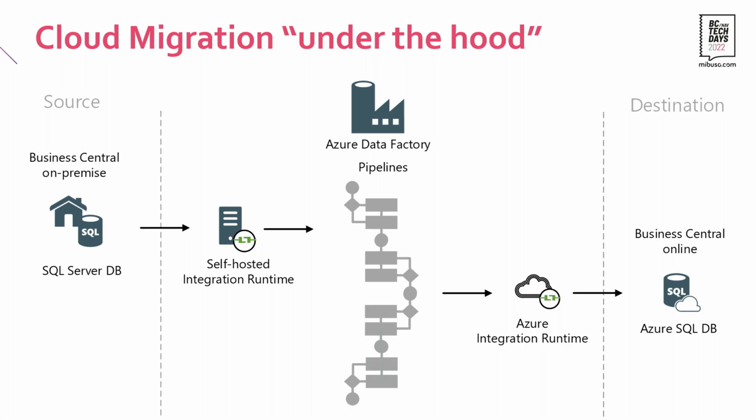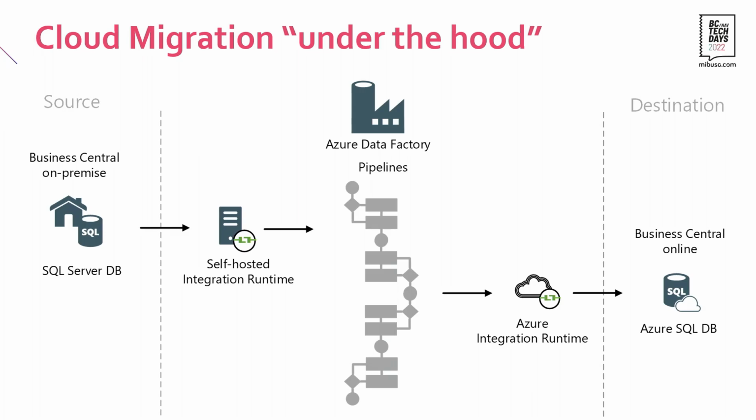The third piece here is the integration runtime. This is the compute infrastructure that Azure Data Factory is using. Especially for a case like here, where we have our source in a private network, in an on-prem installation on the customer side, it is a self-hosted integration runtime.